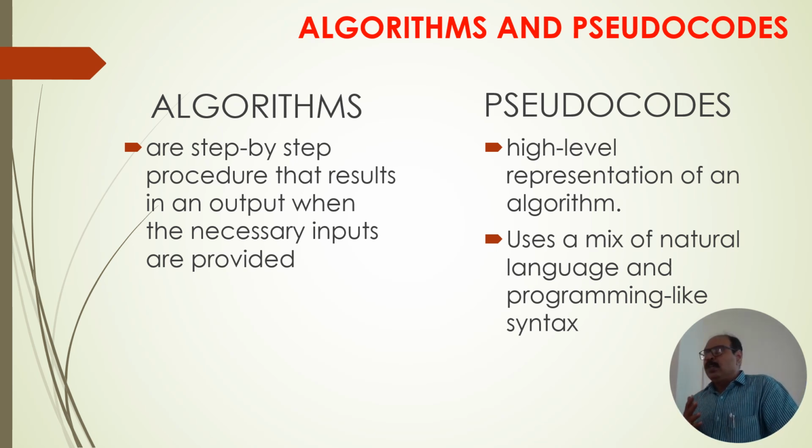And the objective of writing an algorithm and the objective of writing a pseudocode are different. Pseudocode is a way of presenting an algorithm to a programmer so that the programmer is capable of writing the necessary codes.